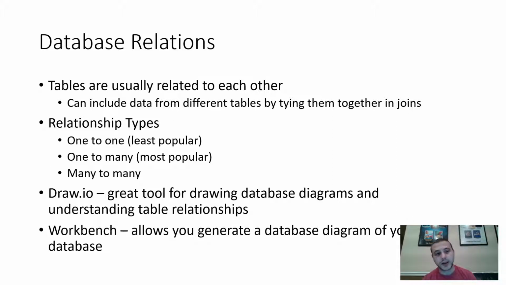Whereas one to many, which is usually the most popular, says that one table can have many rows within another table.